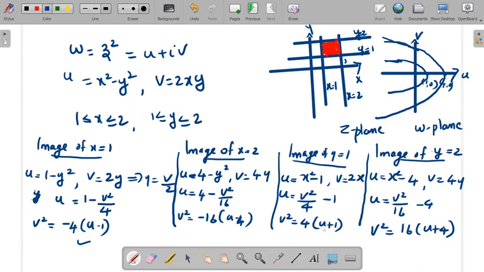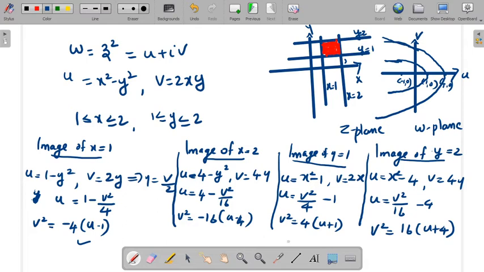Again, u is the first degree term, a parabola with u axis as axis, and the vertex: u plus 1 equal to 0 gives u equal to minus 1. So the vertex is minus 1, 0. And see, 1, 0 is the vertex of this parabola, and a symmetric point, minus 1, 0 is the vertex of the third parabola.